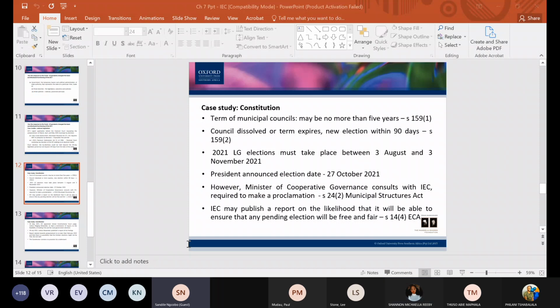My question is around the fairness and the ability to hold free and fair elections, taking into account that we've known about the current situation that we're in since December 2019 and going into lockdown in March of last year, and being very clear in terms of where we stand with availability of vaccines in Q1 of 2021, and with no clear plan in terms of when we're going to get these vaccines into the country.